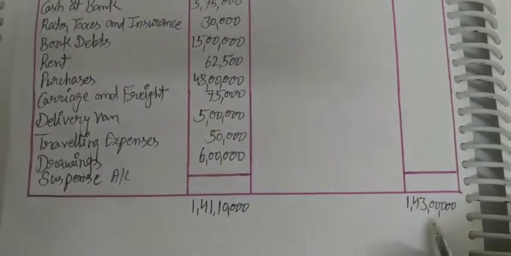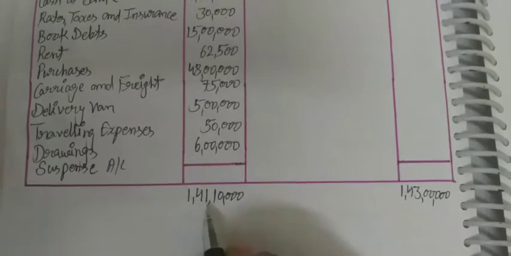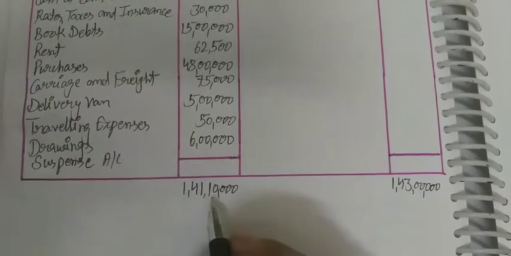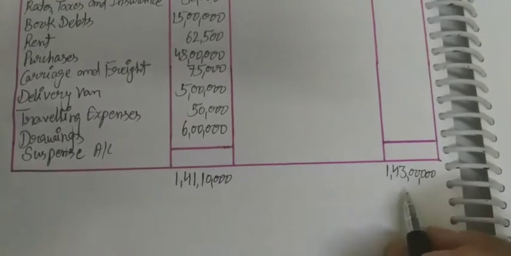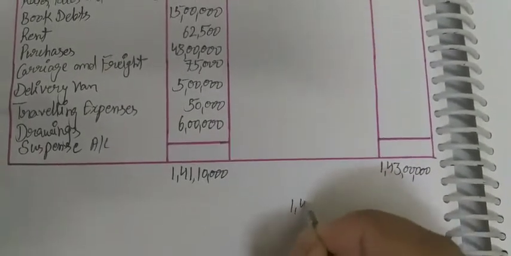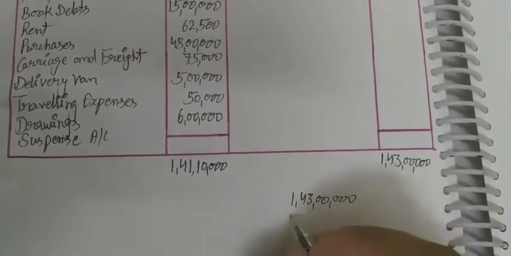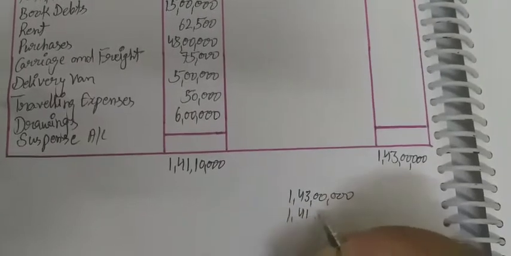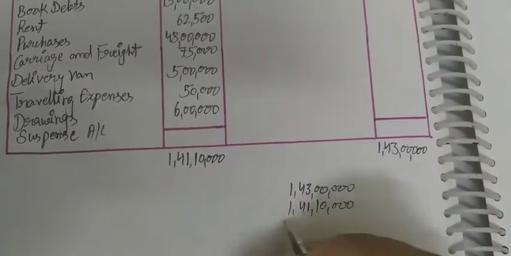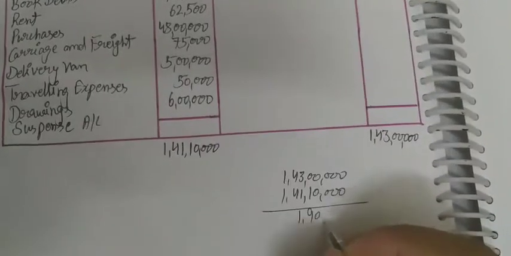Now if we subtract 1 crore 41 lakh 10,000 from 1 crore 43 lakh, then students, there will be a balance, that is 1 lakh 90,000.